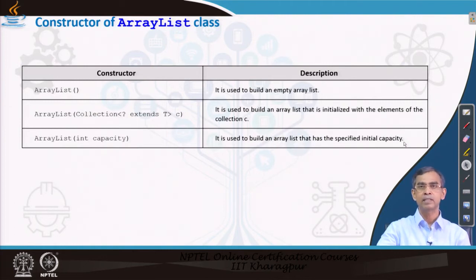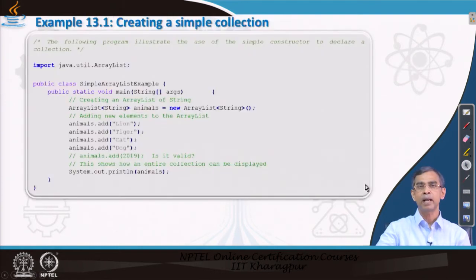One is the default constructor, which creates an empty collection with a minimum size, 16 in Java. The second constructor creates an ArrayList collection from an existing collection. Another way of creating an ArrayList is by specifying the capacity. If you know well in advance what the size will be, then you can use the third constructor. So, these are the three constructors by which you can create a collection of type ArrayList.